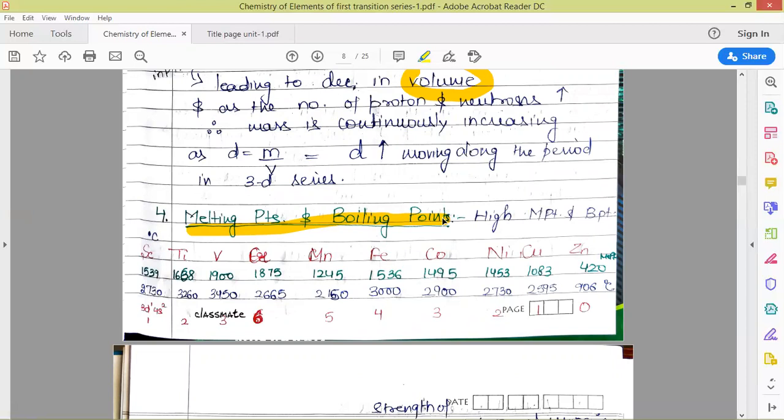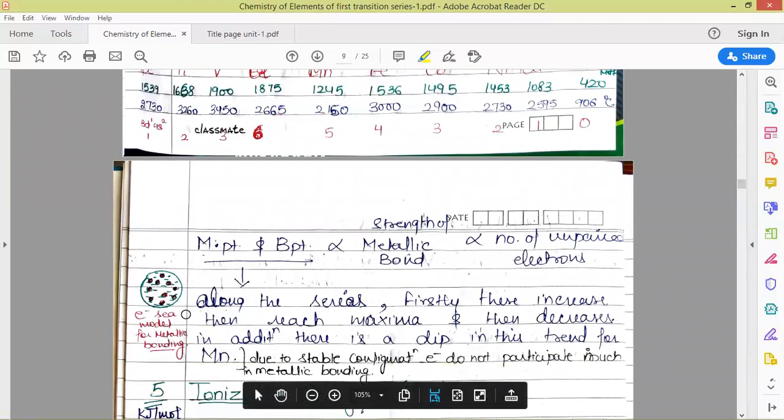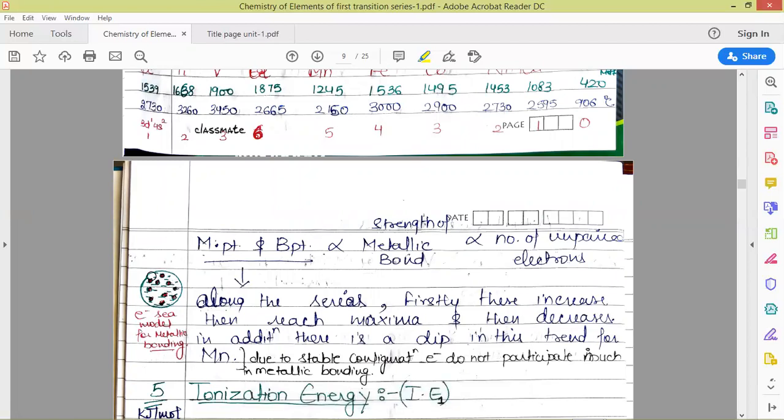So in the case of metals, the type of bonding which exists is metallic bonding, and metallic bonding can be explained very well by the electron sea model for metals. The metal ions, which are called kernels, are present surrounded by the electrons, which can be imagined as a sea of electrons. The metal ions are present like fishes in the sea of electrons.